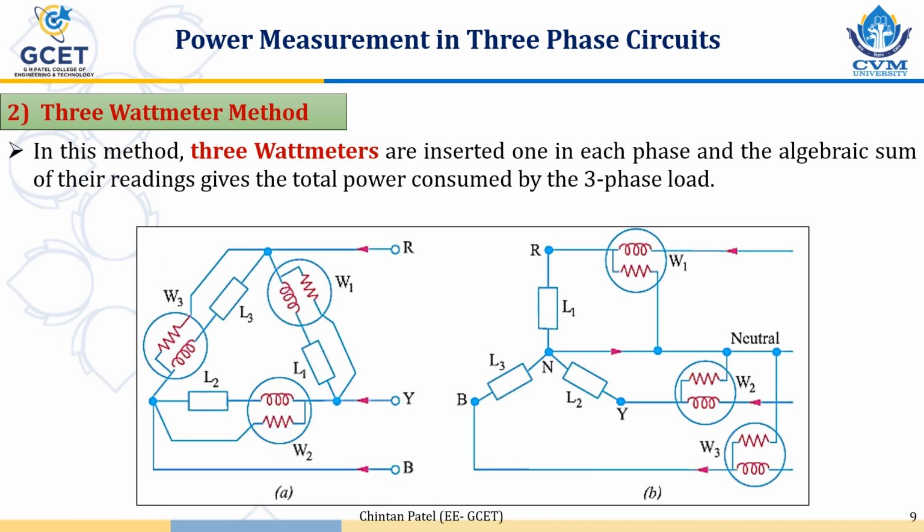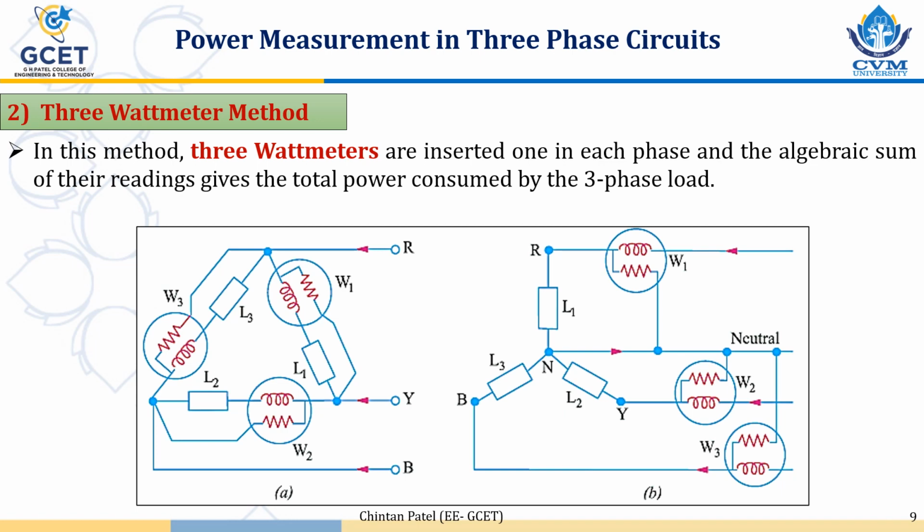So here in the diagram you can see 3 wattmeters are connected. In figure A it is a delta connected network, in figure B it is a star connected network, and W1, W2, W3 are 3 wattmeters. So the CC current coils are connected in series with the phase, and pressure coils are connected across L1, L2 and L3.